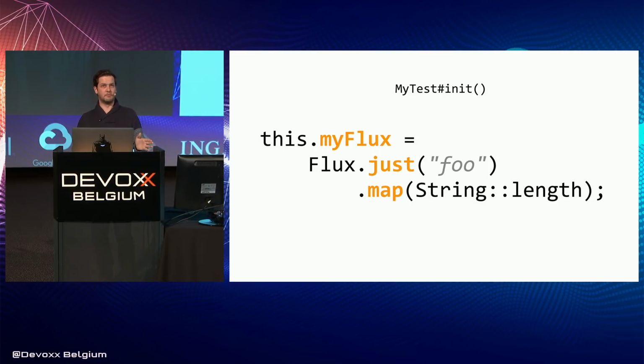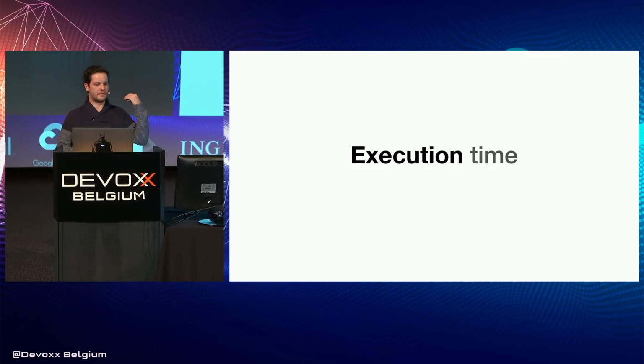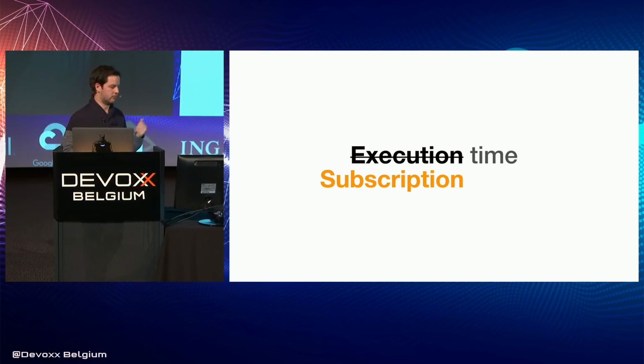But if you do that, actually, nothing happens. Why? Because you haven't subscribed. A Flux or a Mono is lazy. So when you talk about execution time, you talk about subscription time, if you will. Much later on, you could have passed this Flux instance around your application and maybe enriched it with other operators, or conditionally built the pipeline.